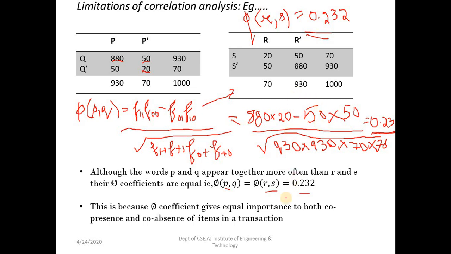In such situations you can apply the phi coefficient, because it gives equal importance to both co-presence and co-absence of items in a transaction. So this was the limitation of correlation analysis.